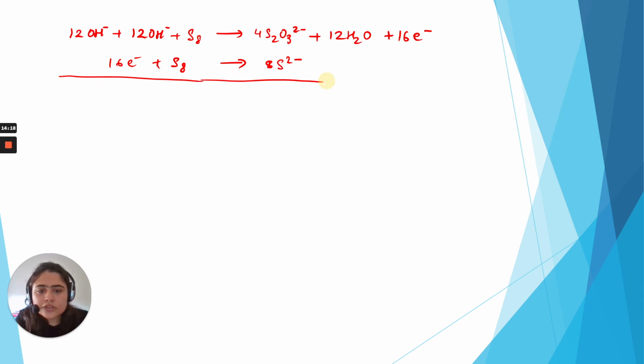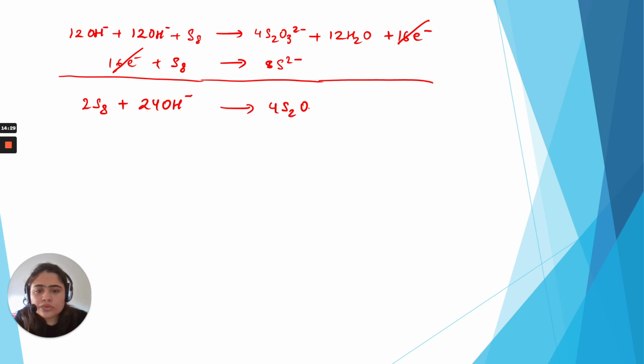So we'll add these two equations. 16 electrons get cancelled. 2S8 plus 24OH minus will give 4S2O3 2- plus 12H2O plus 8S2-. So this is the balanced equation.